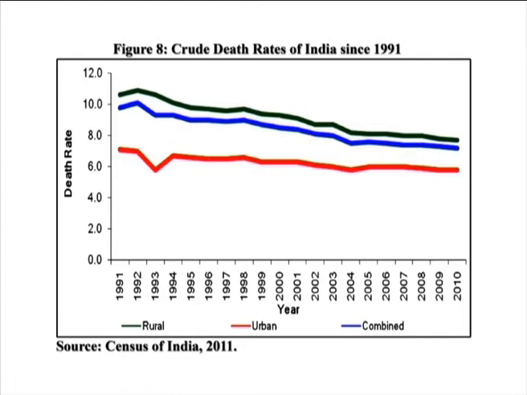The death rate of rural population had declined from 10.6 in 1991 to 7.7 in 2010, whereas the death rate of urban population had declined from 7.1 in 1991 to 5.8 per thousand of population in 2010.